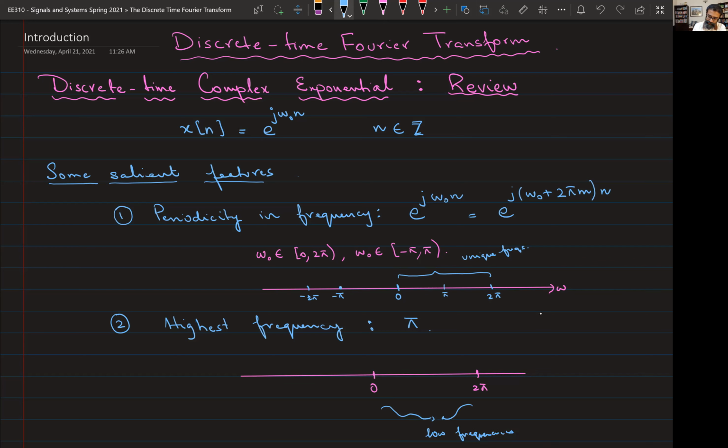And the region around pi is the high frequency regime, so this is where the high frequencies are. And as you go on increasing from pi and start going towards 2 pi, the frequency actually starts decreasing, or the rate of oscillation starts decreasing, right? So that's another one of the important factors. Okay, any questions about discrete time exponentials before I give you an overview of the continuous time Fourier transform?